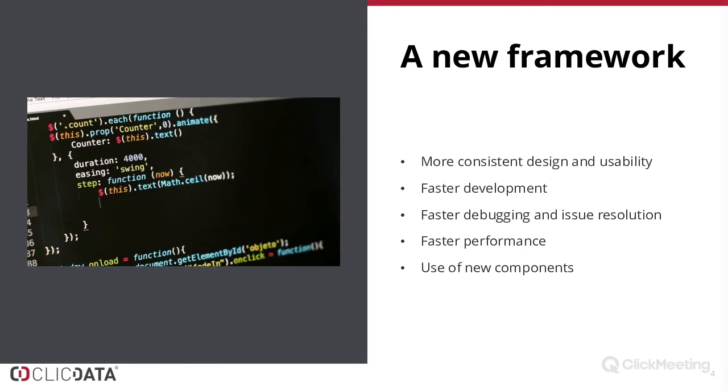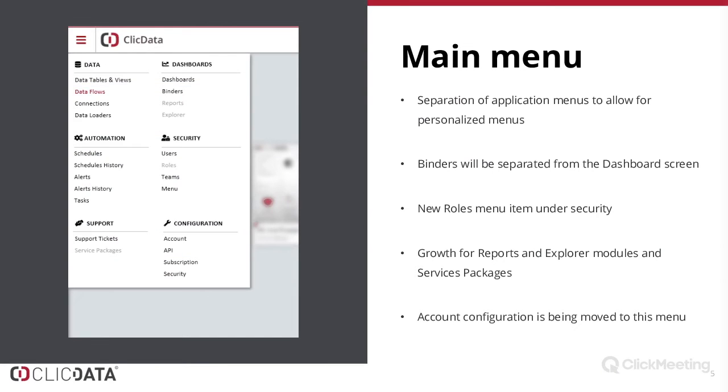We can also improve performance in a more centralized approach, and we can use these components in building new screens and new functionality. This framework is a combination of mostly front end with back end. It will also make the entire application lighter and slightly faster to use.